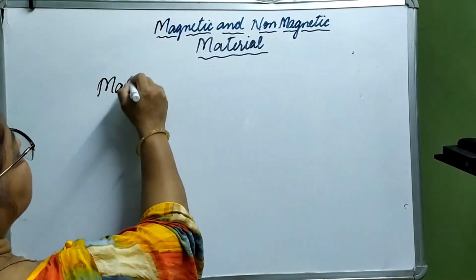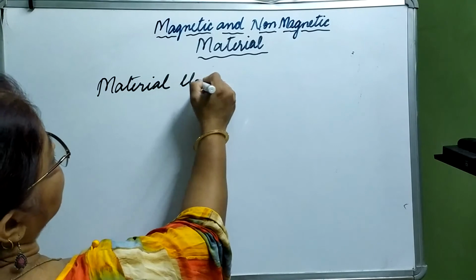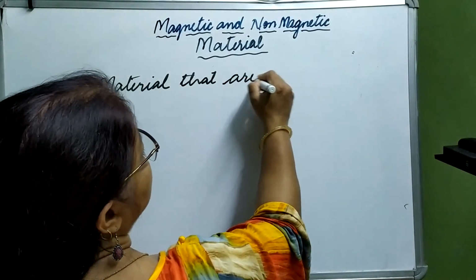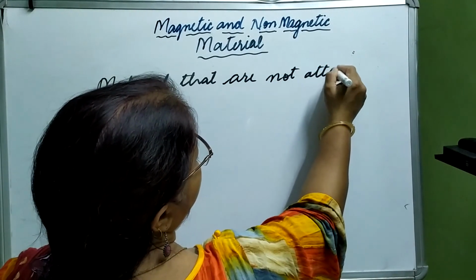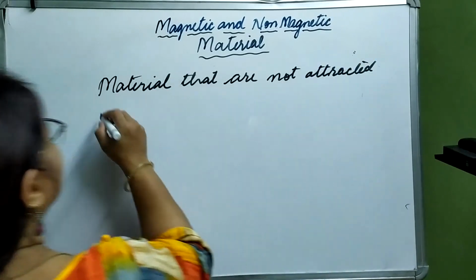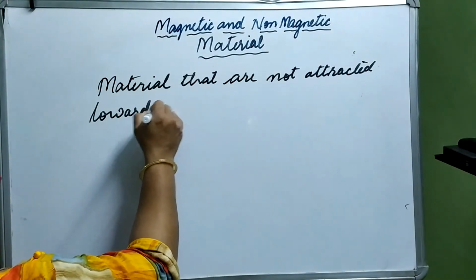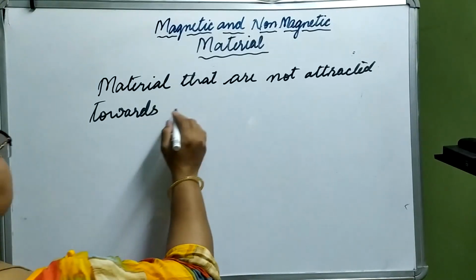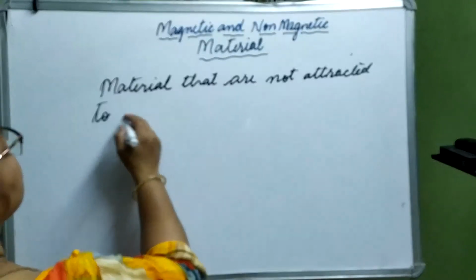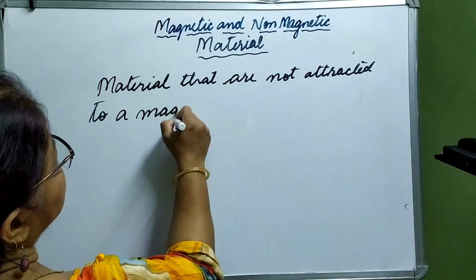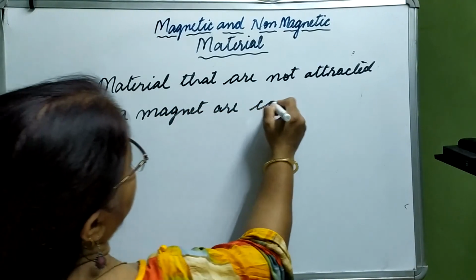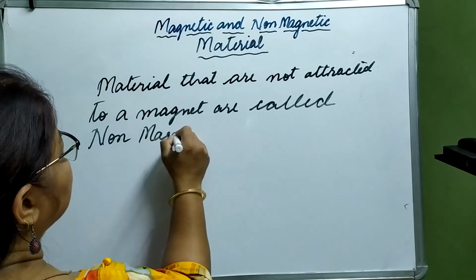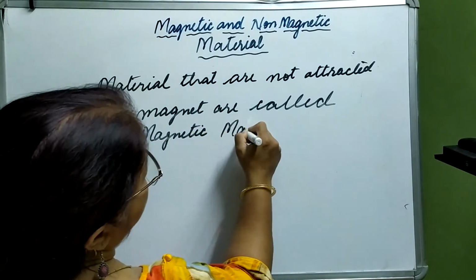So materials that are not attracted to a magnet are called non-magnetic material.